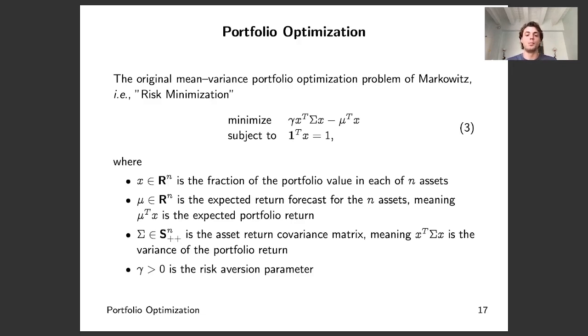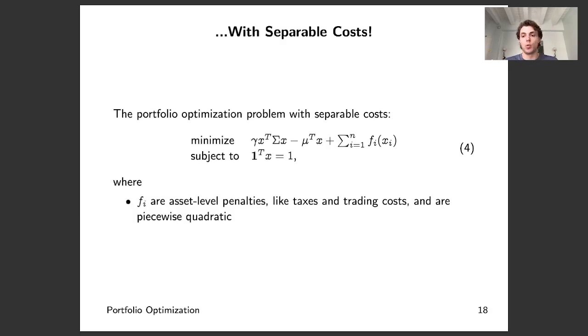And this is the most basic formulation. One thing we might want to do is to add in additional costs or penalties here to make it more realistic, like taxes or trading costs. So we see here that they might often be separable across our decision variable x, which again is the percent of the portfolio in each of our different assets.